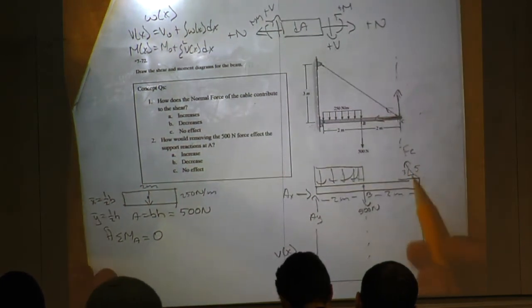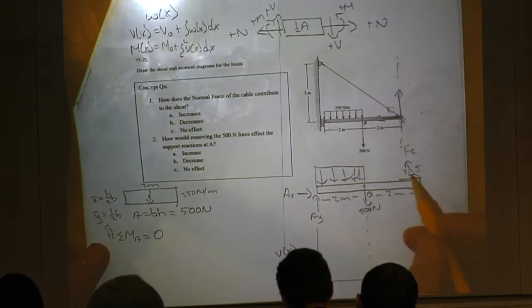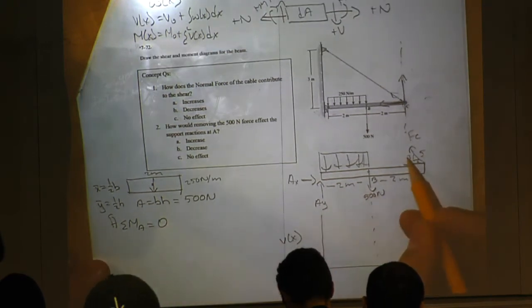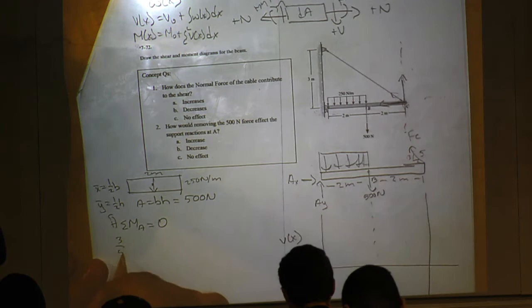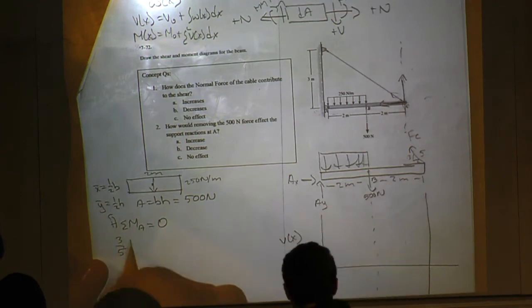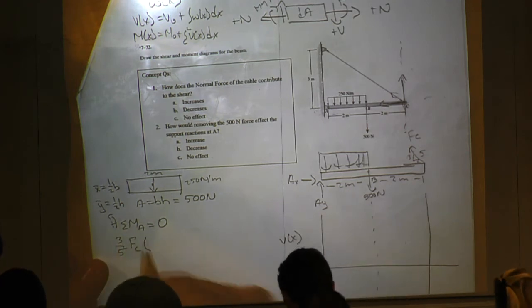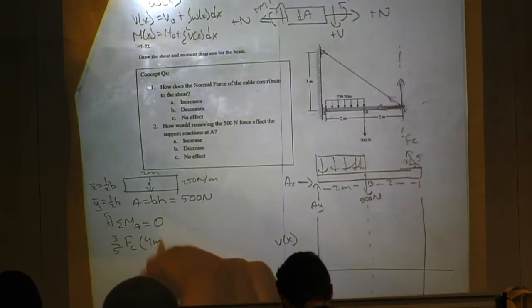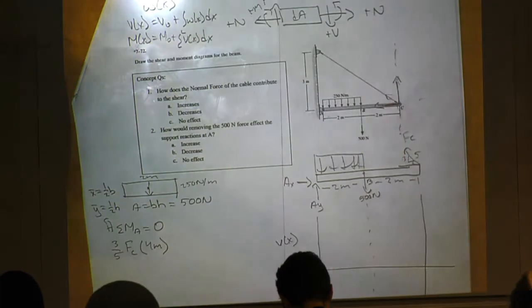But we already have the size. We're just going to multiply. So that's my force, and I need a distance, 2 and 2. Positive, because it brings counterclockwise.